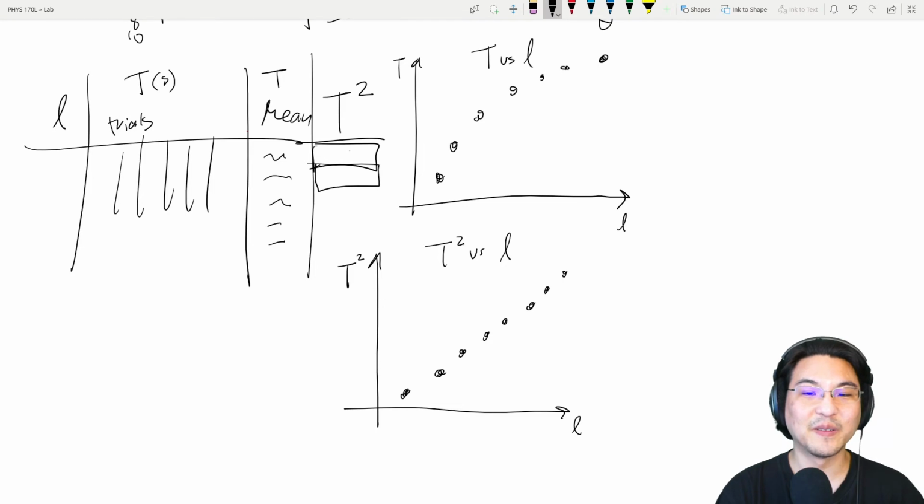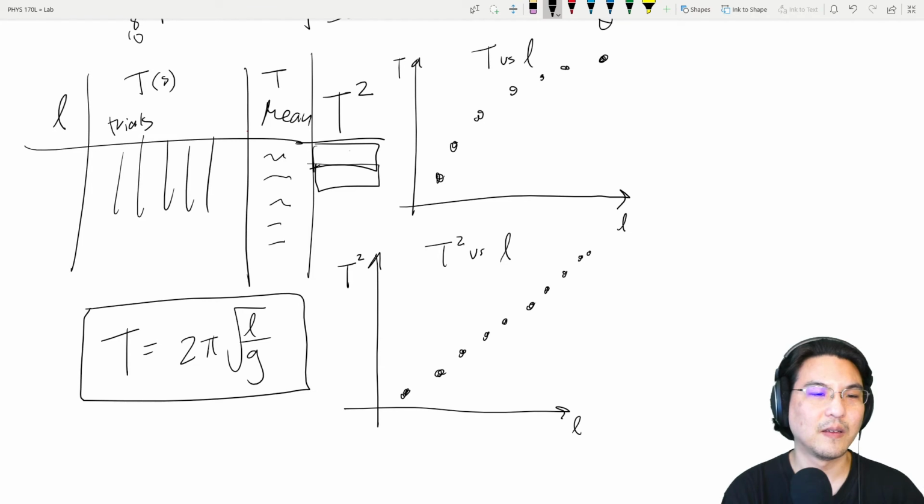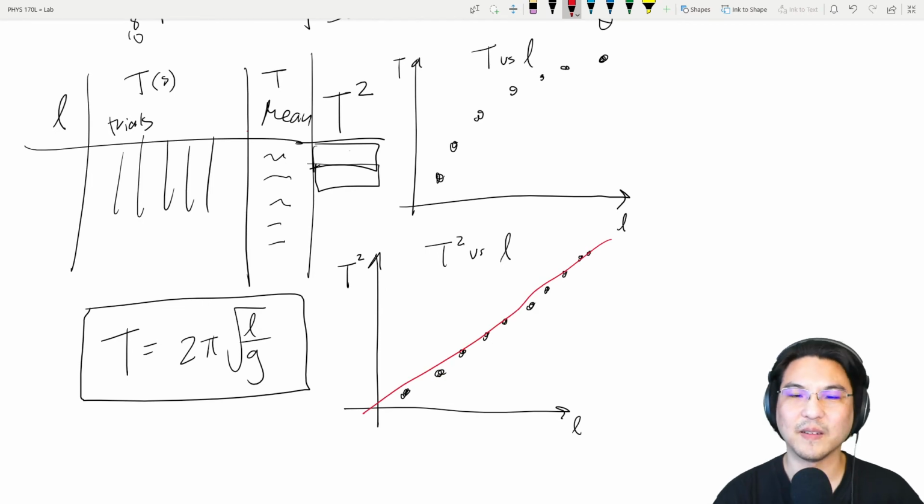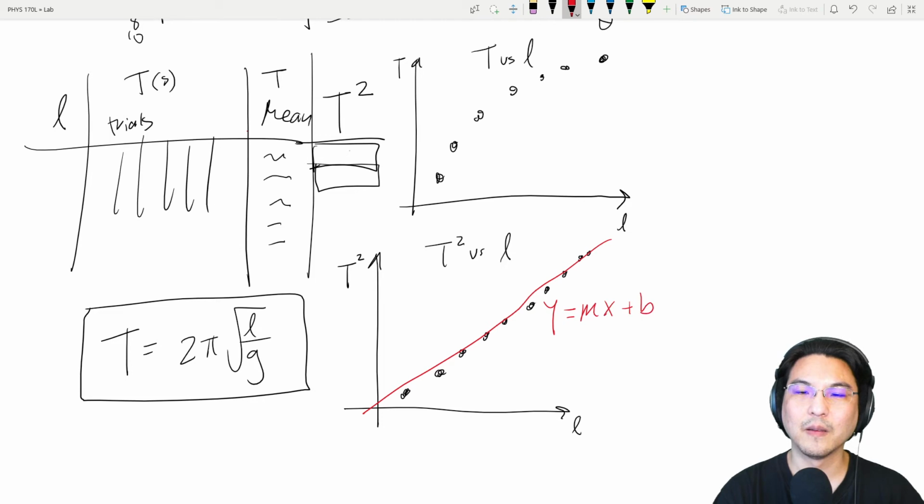It should be linear, because we're assuming that period is like this. And then when you do a trend line here, you get the equation for the trend line. This is the slope.